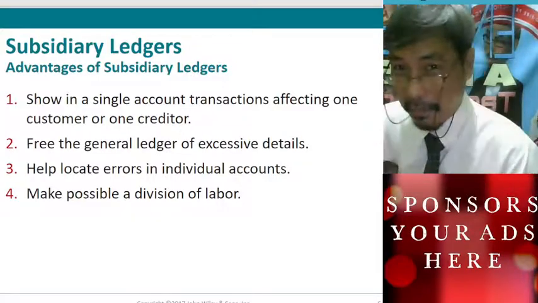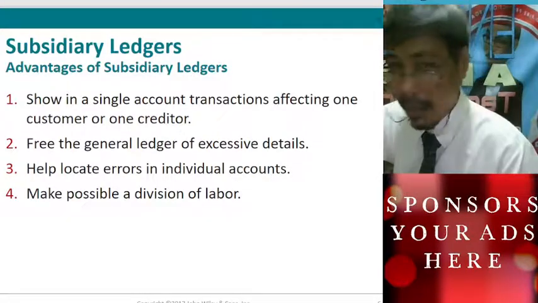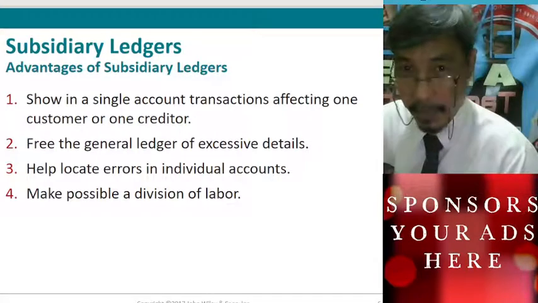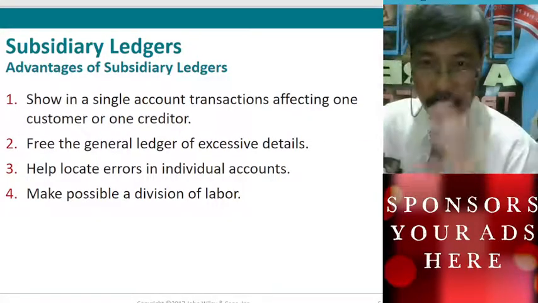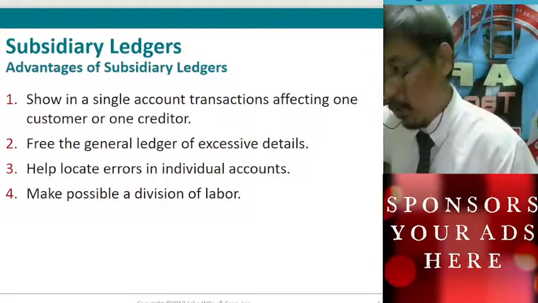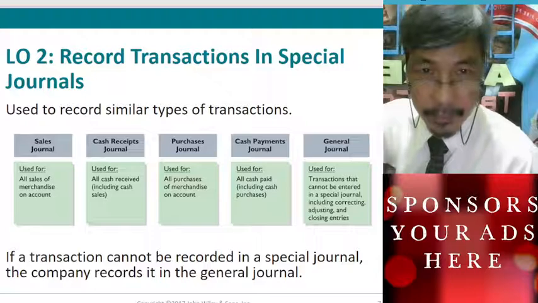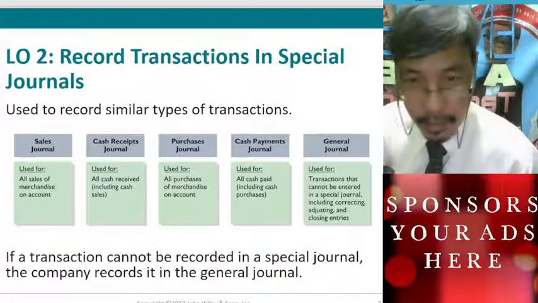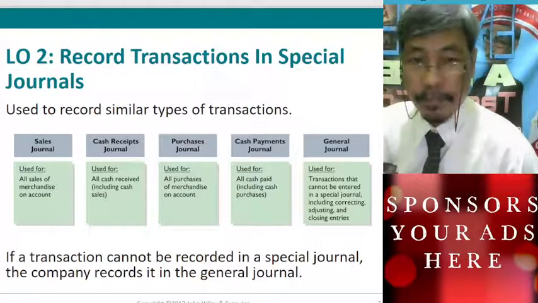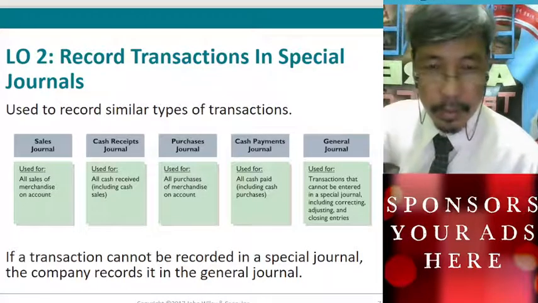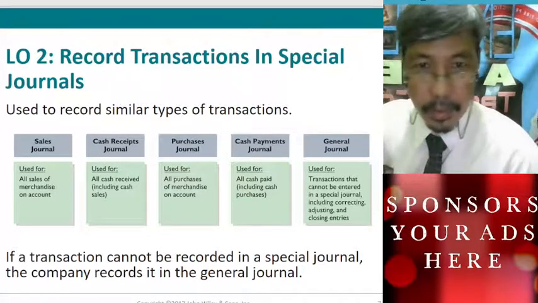If there are 100 subsidiaries, then you can divide them among 5 persons. Then they will record 20 subsidiaries each. Okay, something like that. So let us look into the recording. How do we record this in our accounting books?